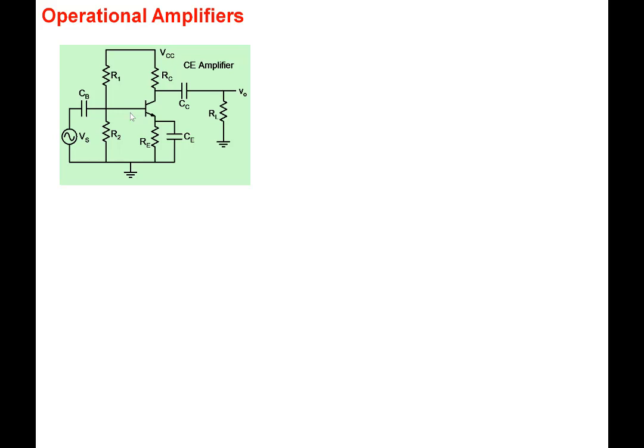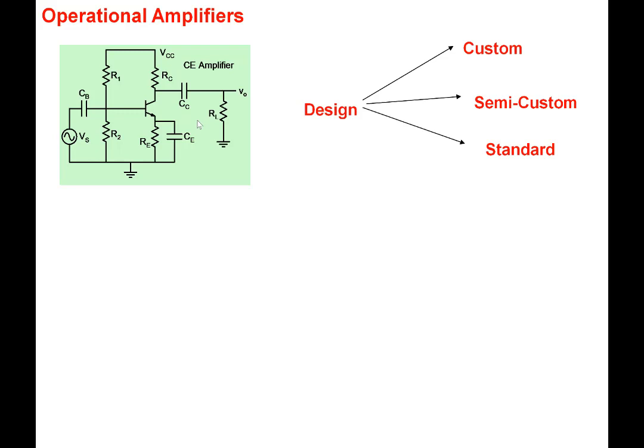Now, there's a very powerful principle sitting here. Design of an amplifier is difficult. Only people with very specialized knowledge will design amplifiers. But what solution did electrical engineers come up with? They invented the op-amp, the operational amplifier.